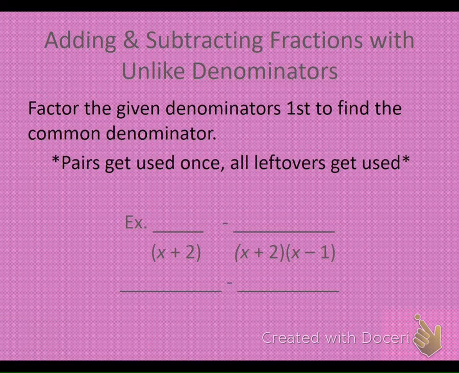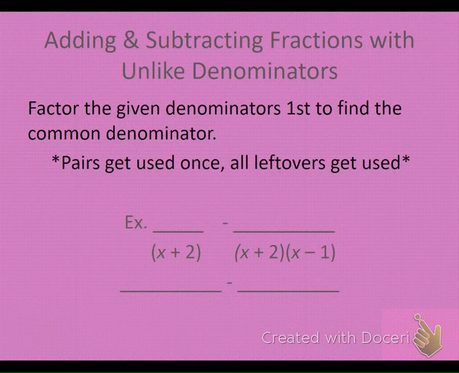So now we have to start figuring out, okay, these are the denominators. What's our common denominator? And if you think back to elementary math, when you were finding common denominators, remember, you are multiplying. This times this gives me the common denominator. So here's the quick way to do it. What pair do you see? What pair of binomials do you see?